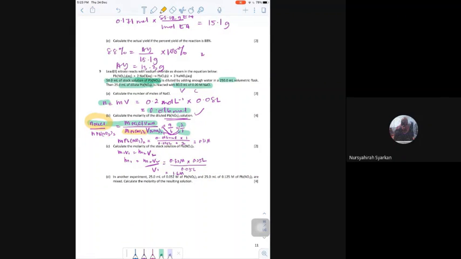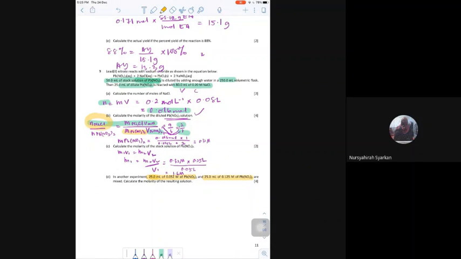Based on the information that we have, lead nitrate solution 25 ml, 0.052 molar. Then we have the second lead nitrate 25 ml with another concentration, 0.125 molar. They are different concentrations.